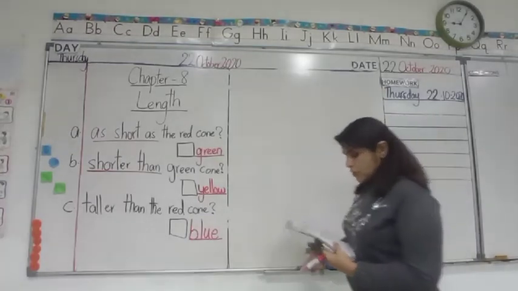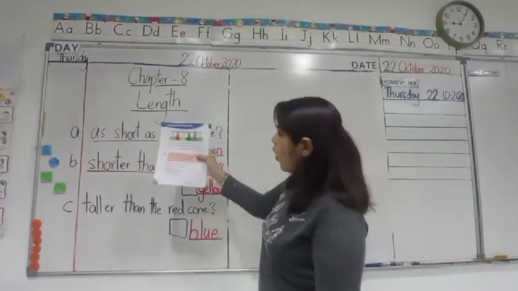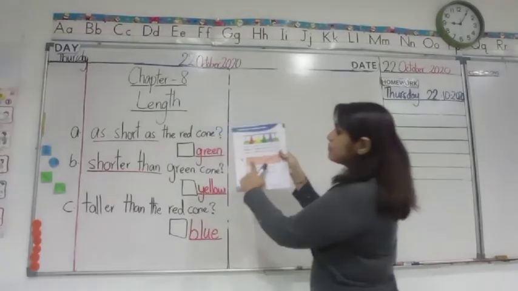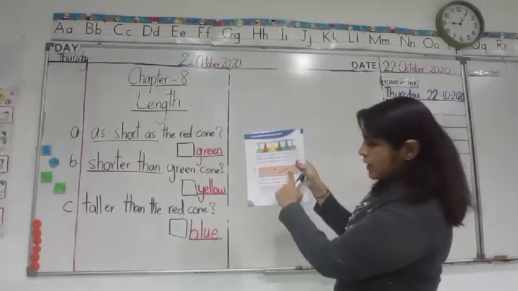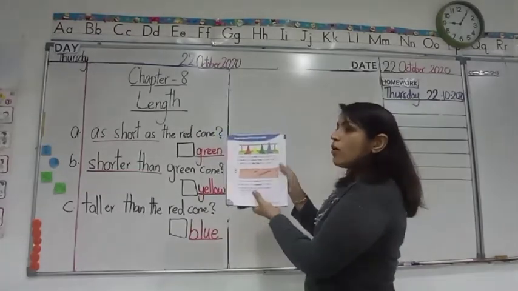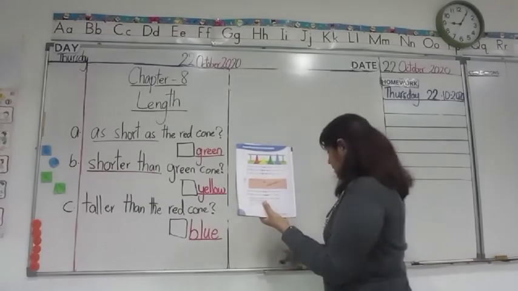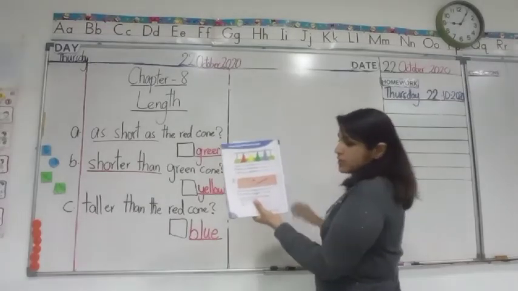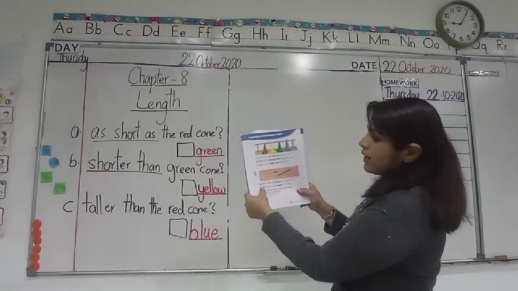Alright, let's continue with question number 2 now. On the wall, you can see some colored tapes, but they are of different length. They are not the same size, they are not the same length. Now, let's read.